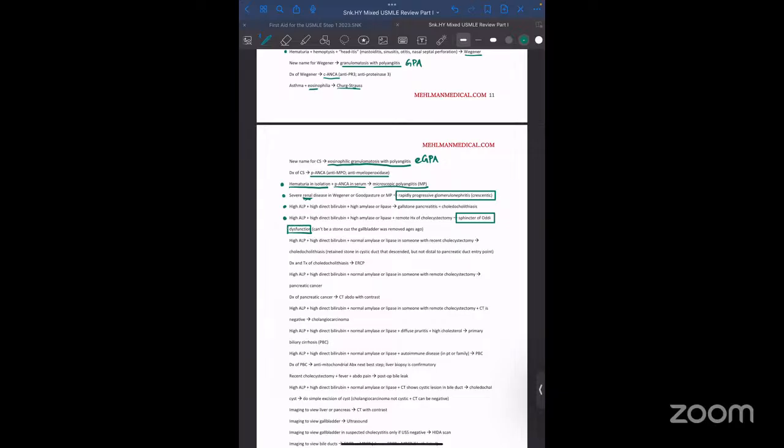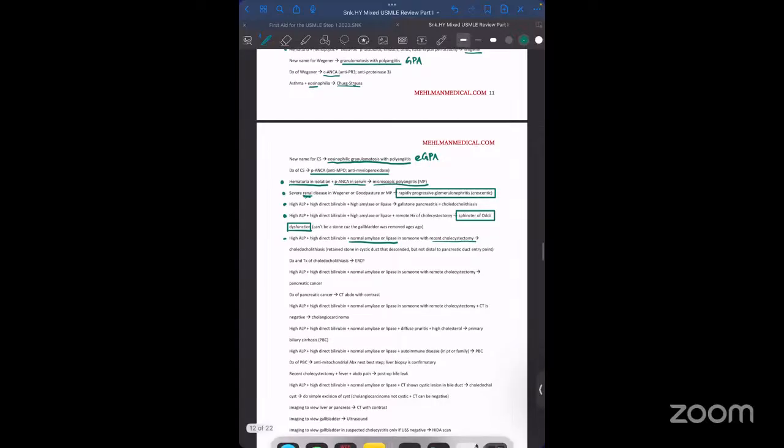Next, high ALP plus high direct bilirubin plus normal amylase or lipase in someone with a recent cholecystectomy is choledocholithiasis: a retained stone in the duct that descended but not distal to the pancreatic duct entry point. So one more time, high ALP, high direct bili, so there's no way for the bilirubin to go into the intestine, so it's increased.